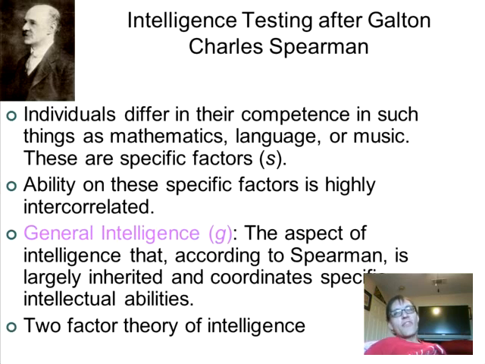Then the experiences of your lifetime will influence the specific skills that you may have. Different researchers have had different specific factors involved. Some say verbal intelligence, mathematical intelligence, and spatial smarts.